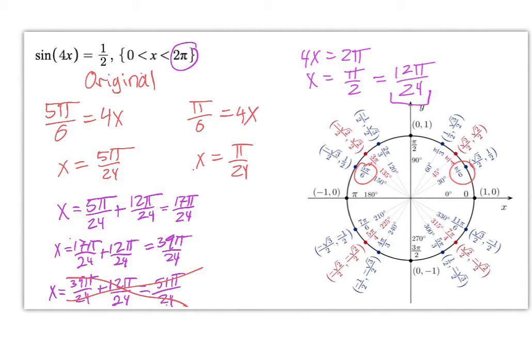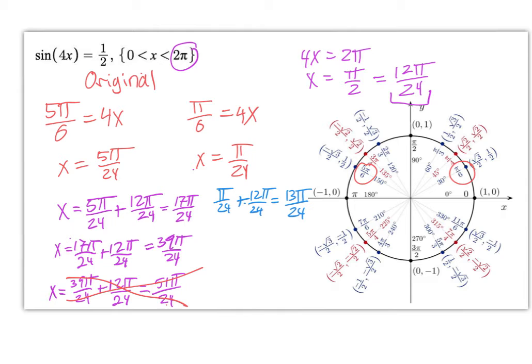Okay, I'm now going to do this for the other set of values here, starting with pi over 24. We're going to add 12 pi over 24, and we get 13 pi over 24. We're going to do the same thing, and I totally lied there.